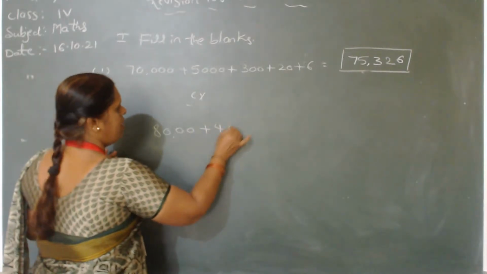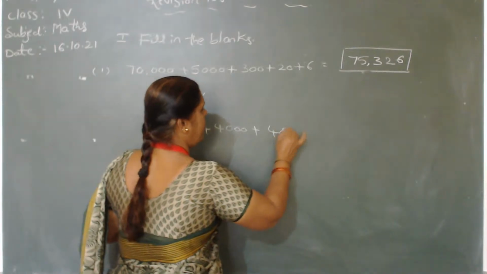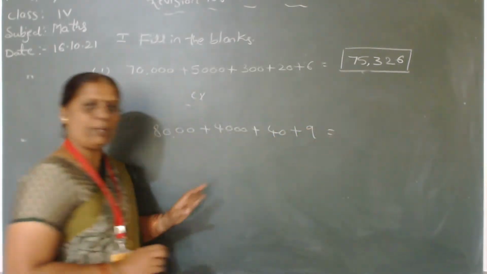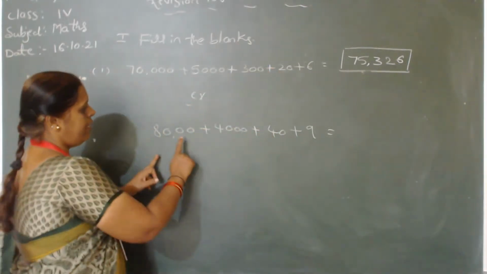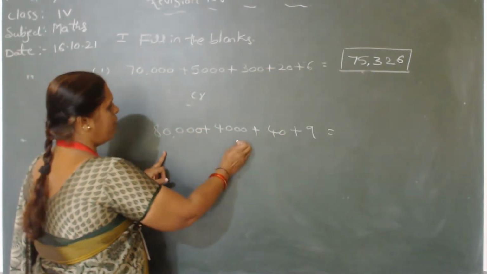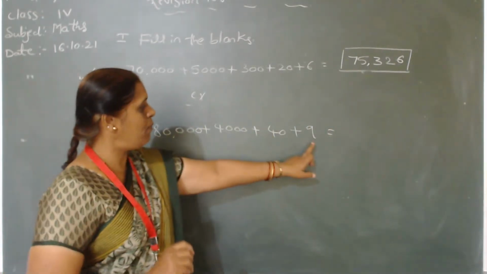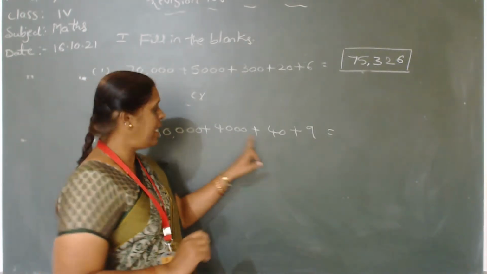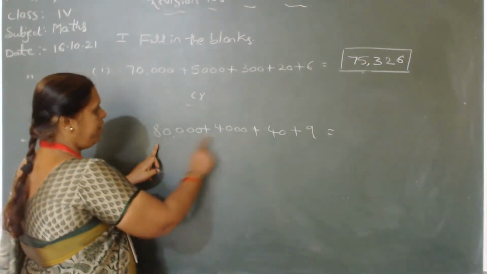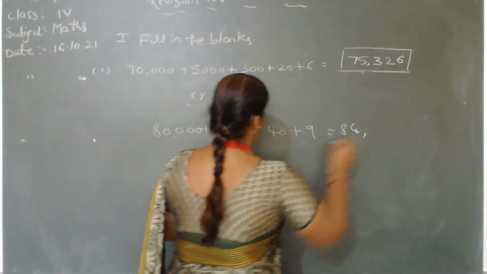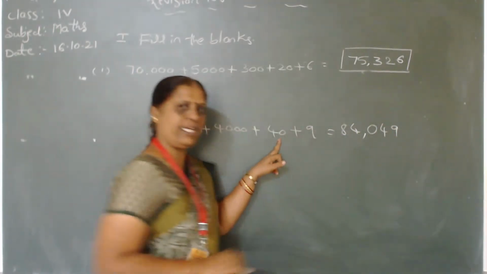Sometimes they will give, for example, 80,000 plus 4,000 plus 40 plus 9. One more example I am giving you. This is a 5-digit number. Here we have 80,000, 4,000, 40 and 9. Which place is not here? Ones is there, tens is there, but the hundreds place is skipped. So after 84,000 you have to give 0, then go for the 49.